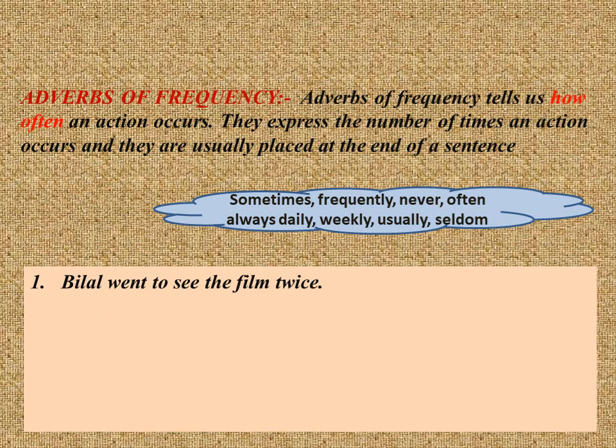Now, Bilal went to see the film twice. So, how often did Bilal go to see the film? Twice. So, the word twice will be adverb of frequency. What is the next example?